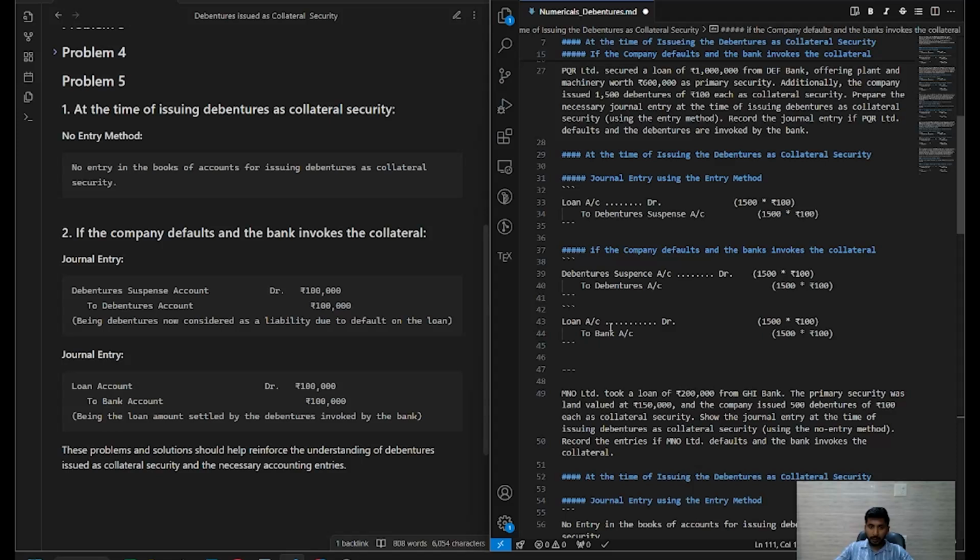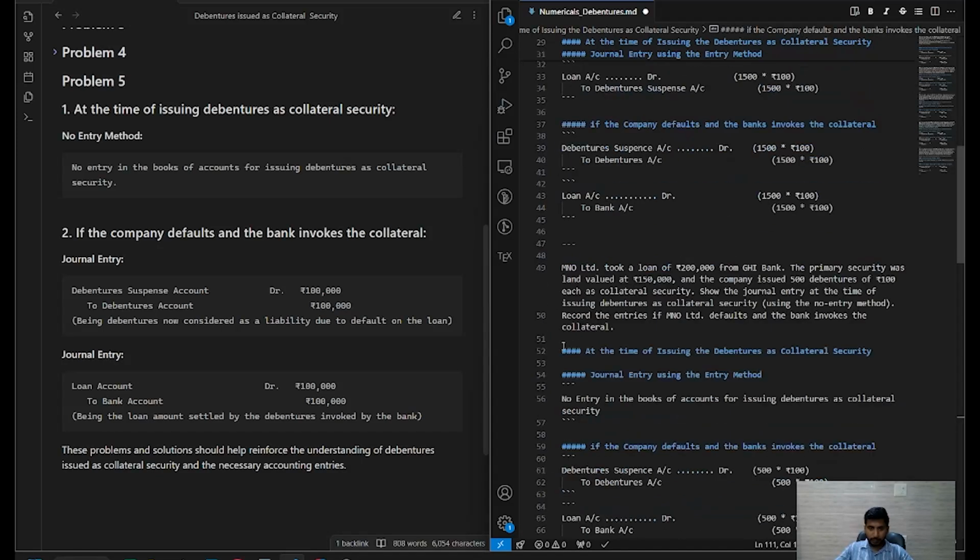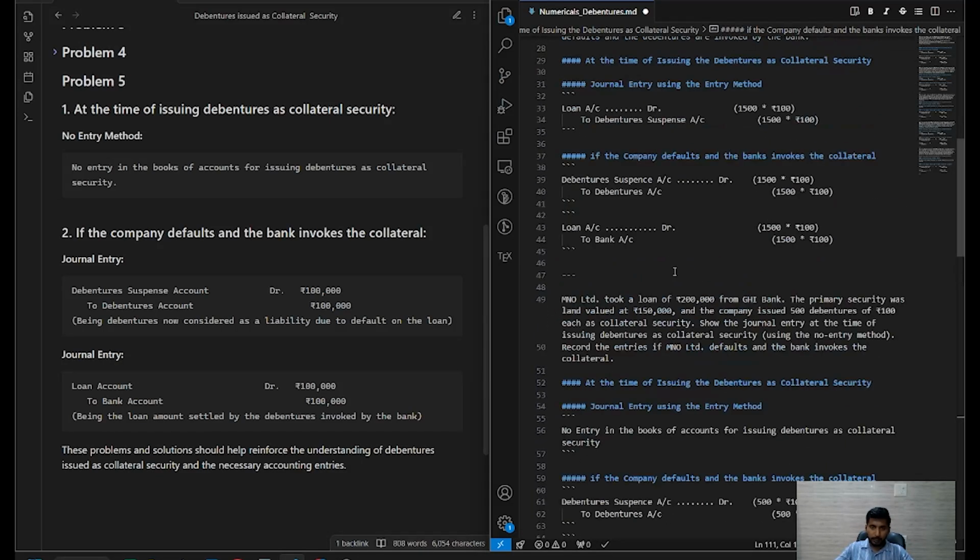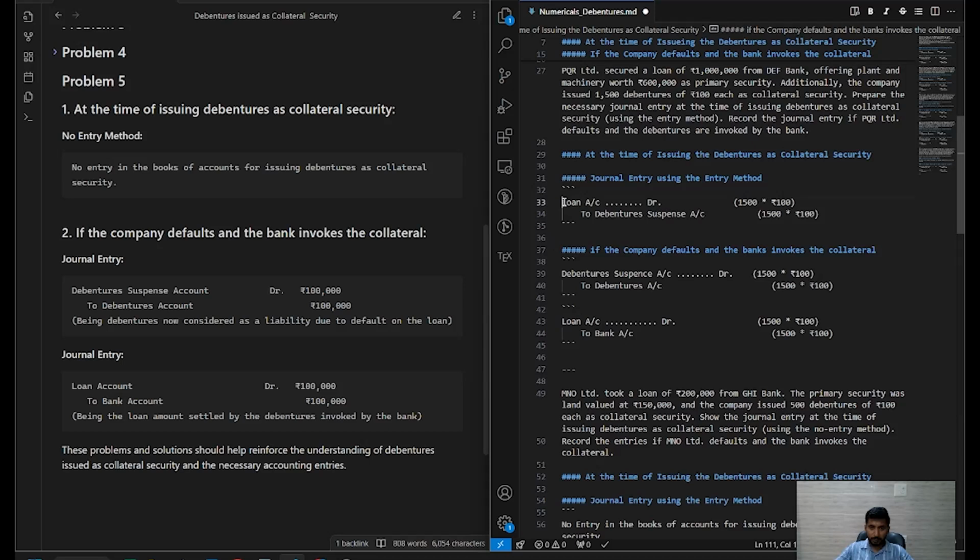However, if it is mentioned that you don't have to follow the entry method, then this entry will not be passed, that is, loan account debit to debenture suspense. If it is written that you have to follow the entry method, then you will pass this entry. Otherwise, you will not pass this entry.